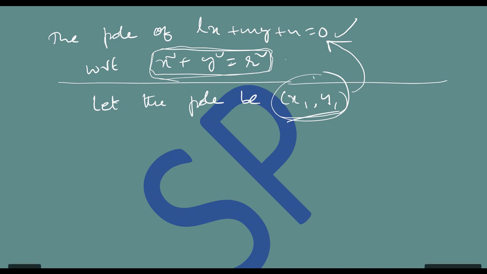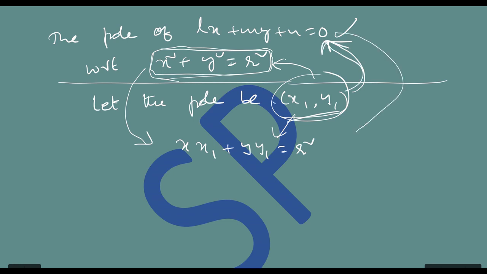So if I write the polar of this point with respect to this circle, I'll get the equation as S1 equal to 0, that is xx1 plus yy1 equal to r square. This is the polar of this point and this is also the polar of the same point. That means these two equations represent the same line. Corresponding coefficients are in proportion. So I get x1 by L is equal to y1 by m is equal to r square by minus n.